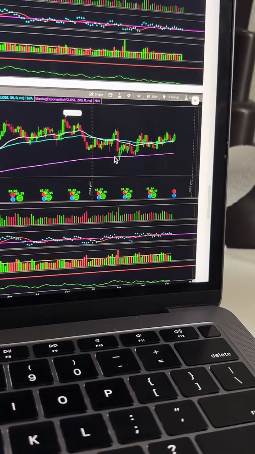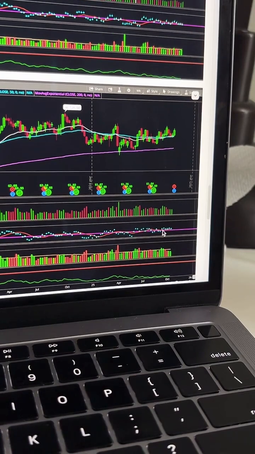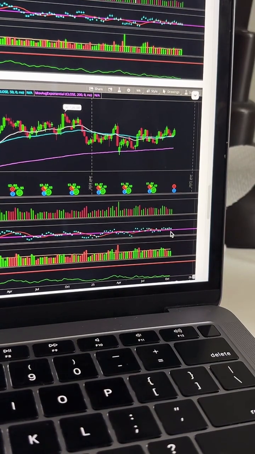Now, some individual stocks. You have ExxonMobil. Again, consolidating, holding these averages, but they're tangled. There's no clear direction, really choppy. Momentum is kind of steady, over the line, but just consolidating. The volume is not above the average, and the relative strength is way below the general market.